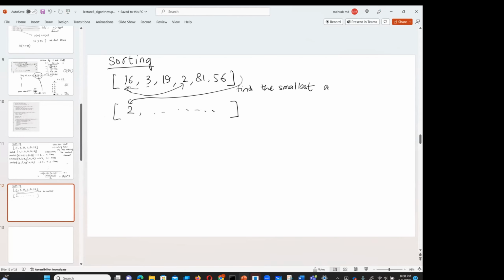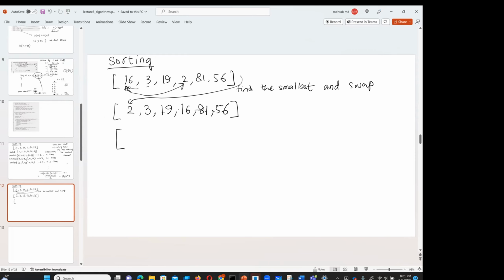Find the smallest and swap. So that means next time it will be 2, 3, 19, 16, 81, 56, right? So that means I found the smallest element and swapped it with the first element. Is it clear to everyone?